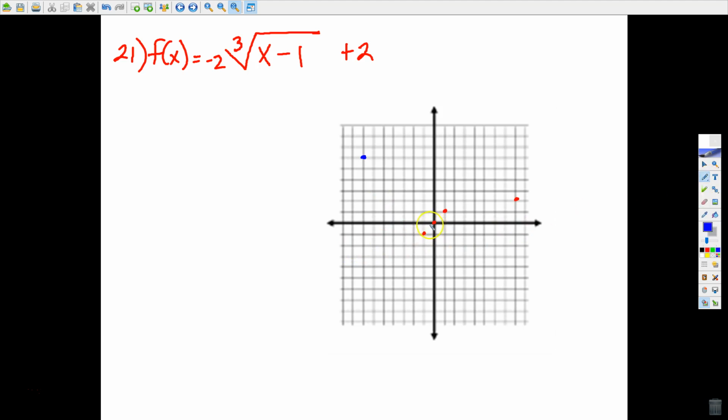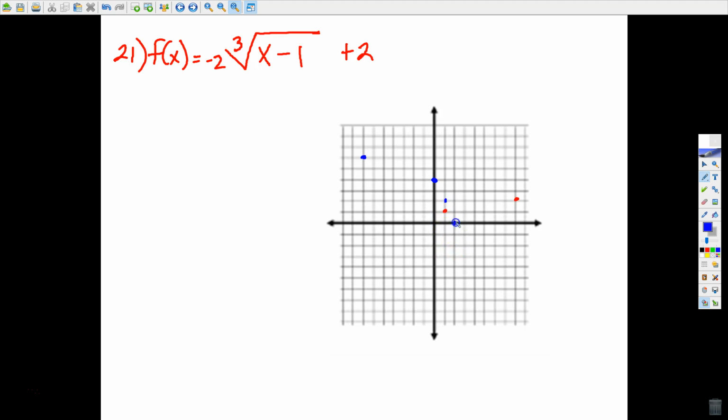Okay, y-coordinate here is negative 1, but when we multiply negative 1 times negative 2, we get positive 2. And then we can go right 1, up 2. That one's done. Multiplying the origin doesn't change it. So we can just do the right 1, up 2. Alright, this y-coordinate is 1, but when we multiply by negative 2, it makes negative 2.